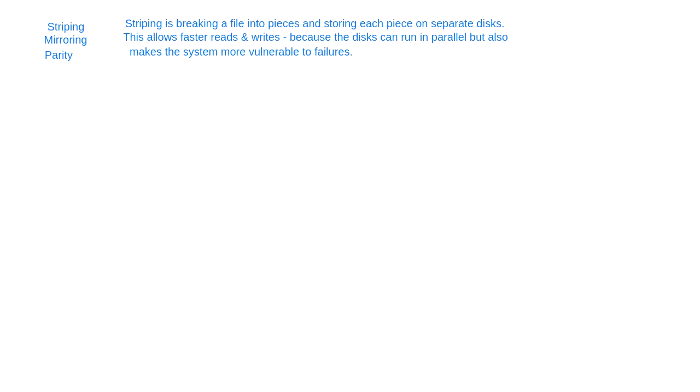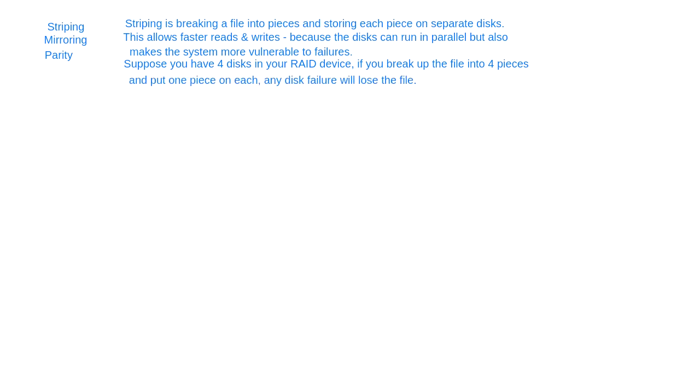If you break up the file into 4 pieces, and put 1 piece on each, then what happens? Any disk failure will lose the file. Okay, so your system is going to be more fragile that way. It'll run faster, but it'll be more fragile to hardware failures.